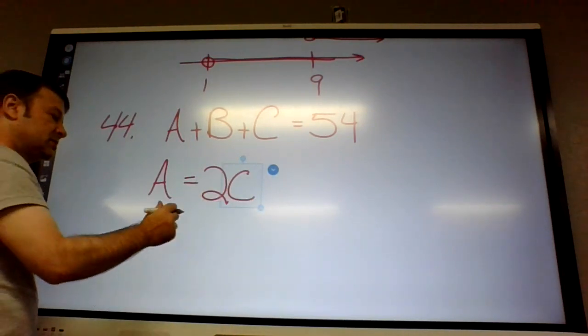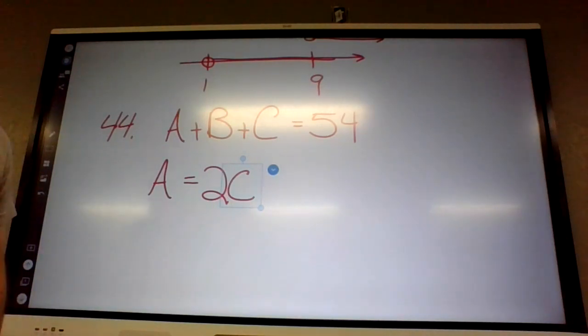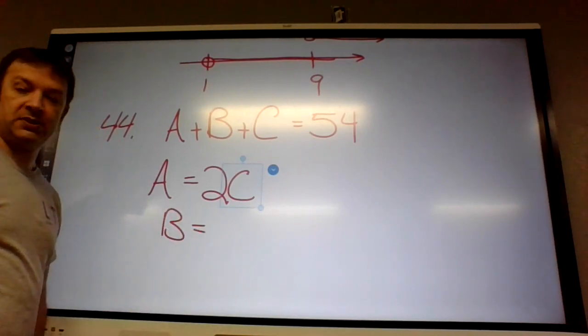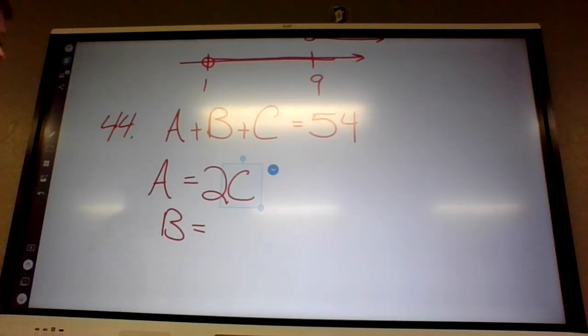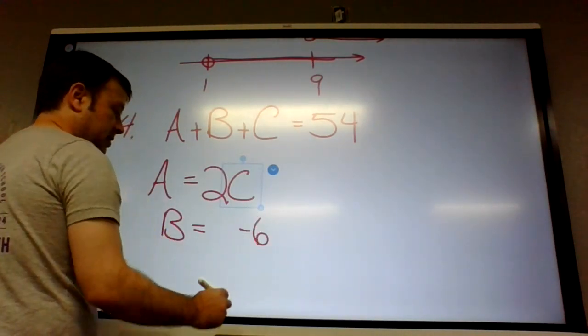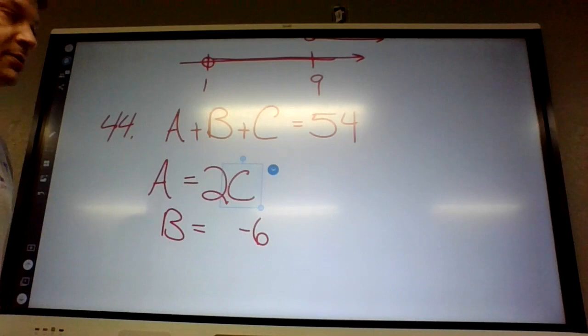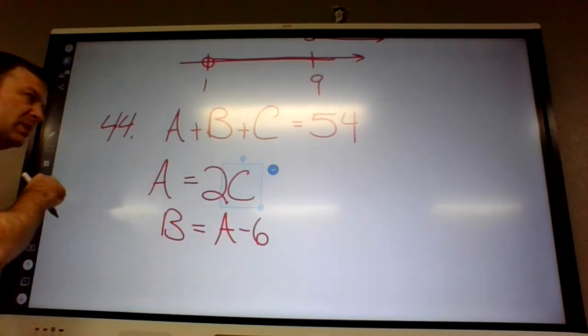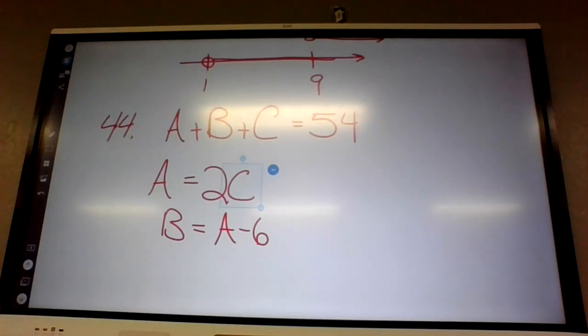B. It's the one we already used, the one they didn't talk about. The other number, B, is 6 less than the largest. What's 6 less than mean? Minus 6. Is 6 less than the largest? What was the largest? A.